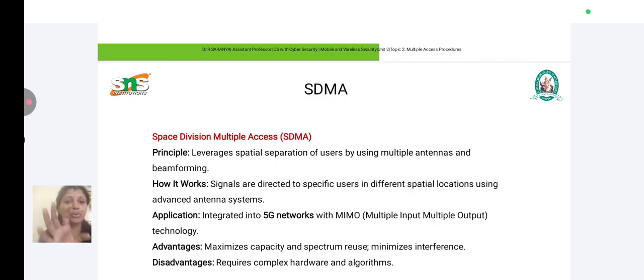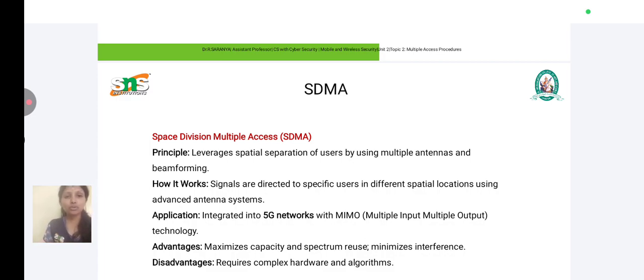This is most probably integrated in 5G networks, where multiple input multiple output technology emerged. The advantages of using space division multiple access are that it maximizes capacity as well as spectrum reuse, and minimizes interference.